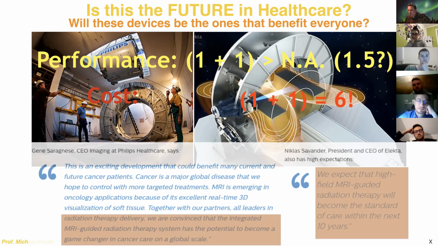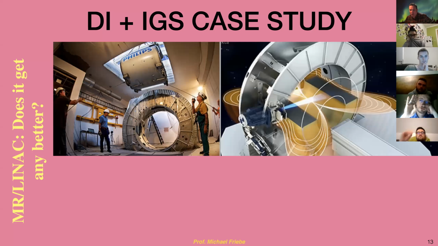Will these devices be the ones that benefit everyone? No, they won't. I'm not saying that they're completely unnecessary. There will probably be some applications for that, and there will be some patients benefiting from that, but only very, very few, and probably only in areas where there is tons and tons of money available.